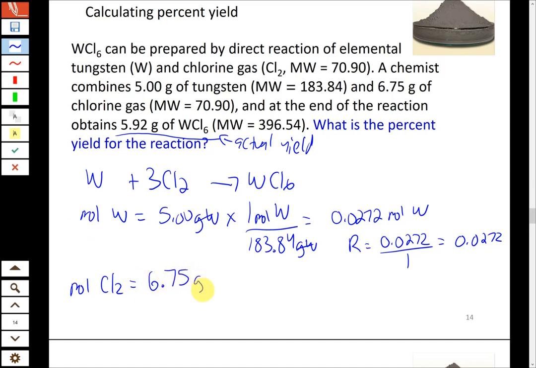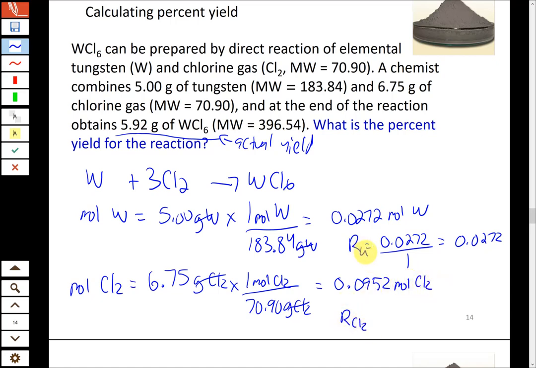So 6.75 grams of Cl2 is how much chlorine we have, and then we're going to convert that into moles using its molar mass, which is also given to us. 70.9. All right, and so that comes out to 0.0952, and the stoichiometric ratio for Cl2 is that number divided by its coefficient, which is 3 in the balanced equation.